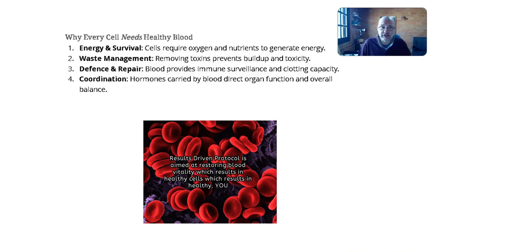They need waste products, toxins, removed from the cell. They need immune cells to be taken to the cell to repair anything that needs repairing. And they need hormones. So there's a range of things that the cells need, and the blood is responsible for taking all of those things to the cells. If the blood is in any way inhibited from doing that, then the cells start to run into problems.